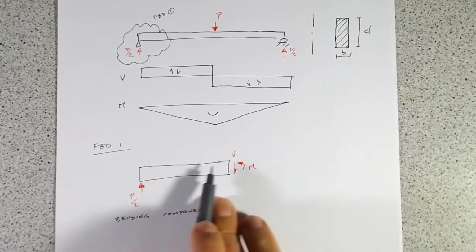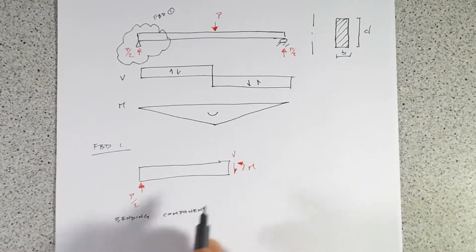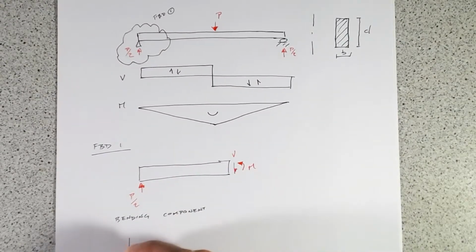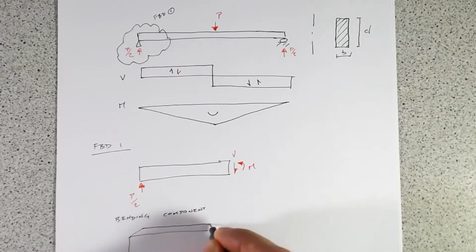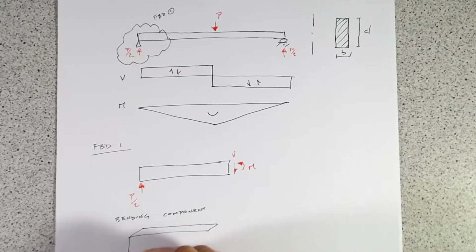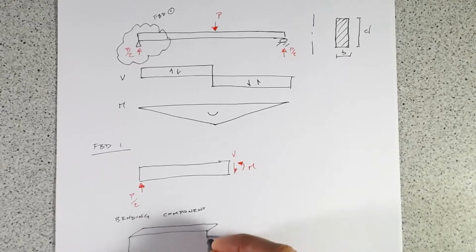and all I'm doing is I'm just going to redraw this in 3 dimensions there, just to look at the stress distribution. So we've got some width B. That's our section there.